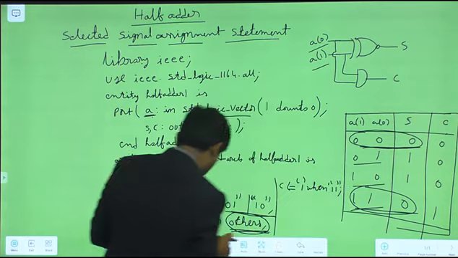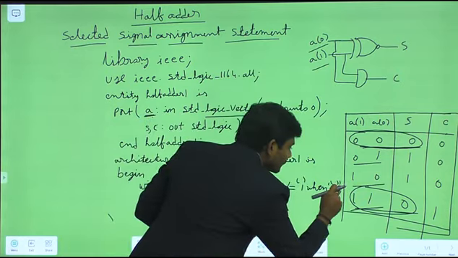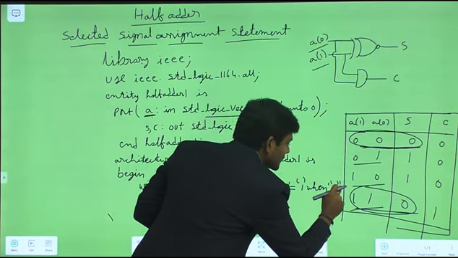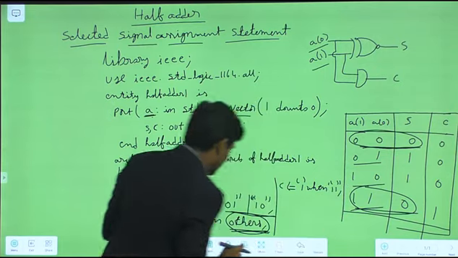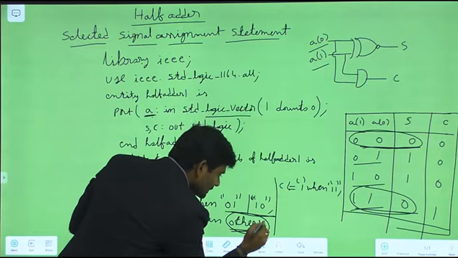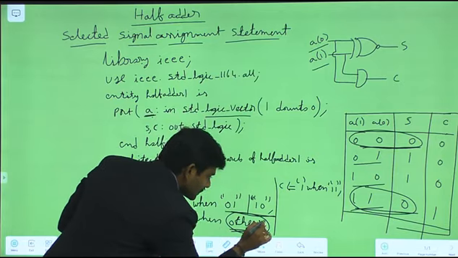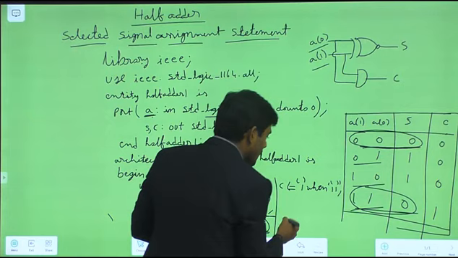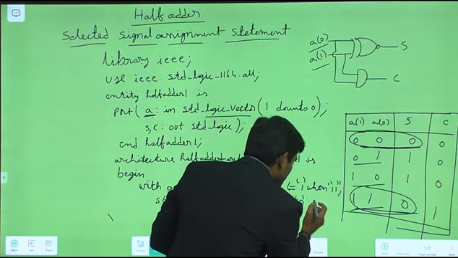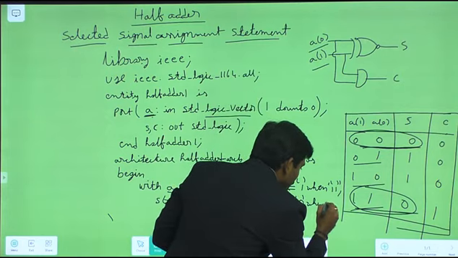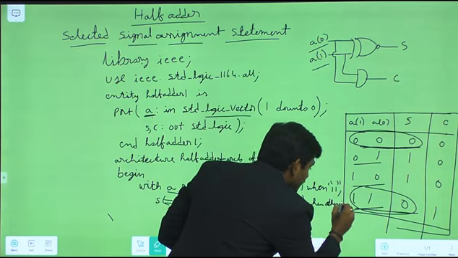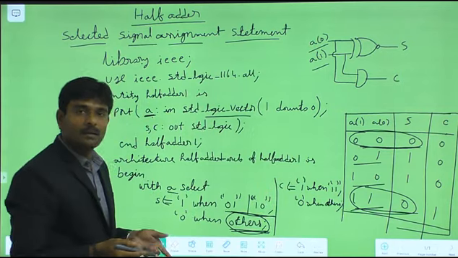This is the first choice, so there is no semicolon over there, just a comma. Then 0 when others is the last choice, so we close it with a semicolon.